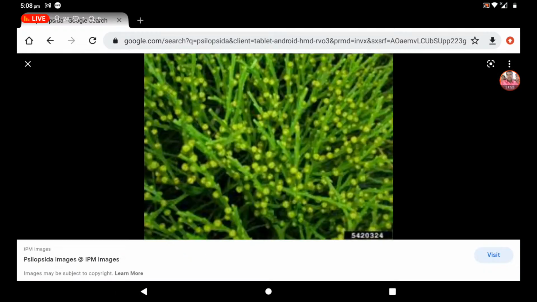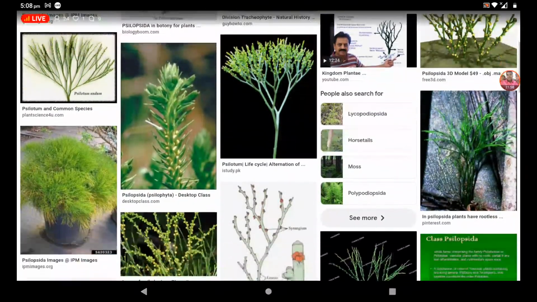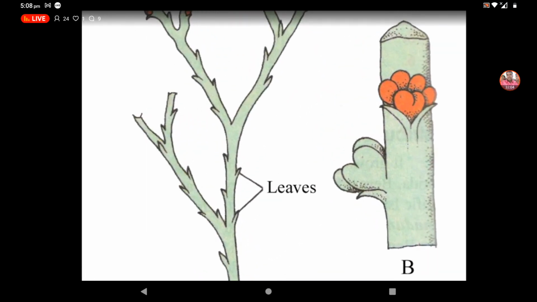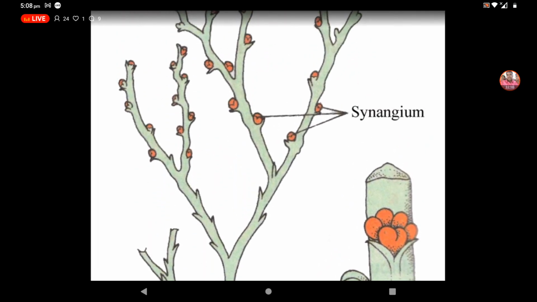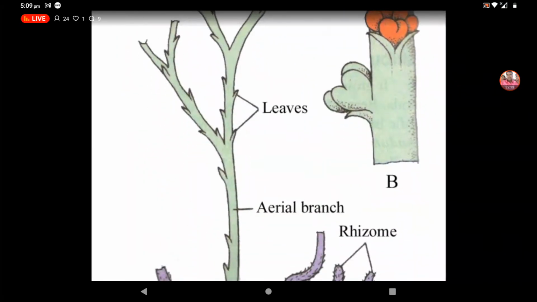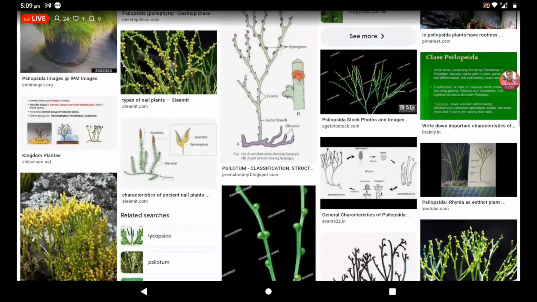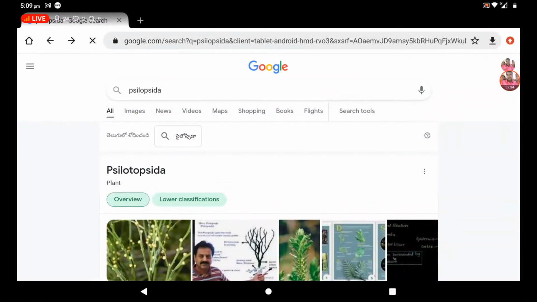This diagram is not much clear here. Leaves are appearing here, and close to the leaves we find the sporangium. The rhizome is an underground stem which generally grows horizontally and gives rise to new stems, that means new branches can be found. So the first group is Psilopsida.